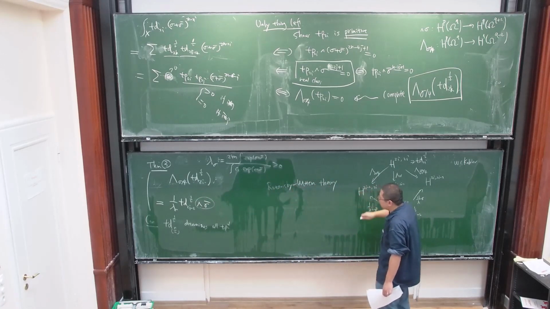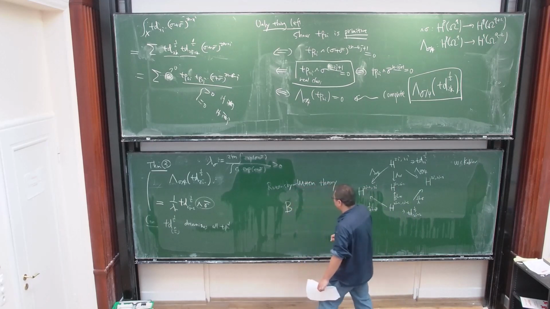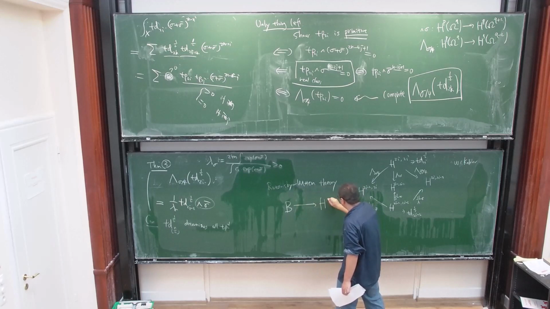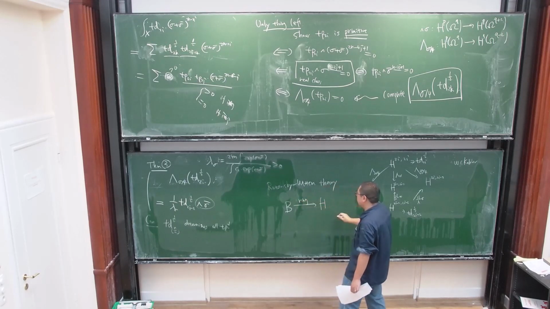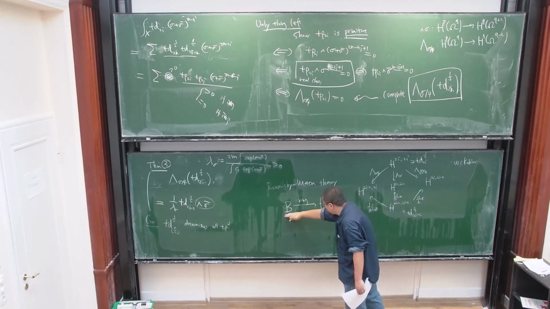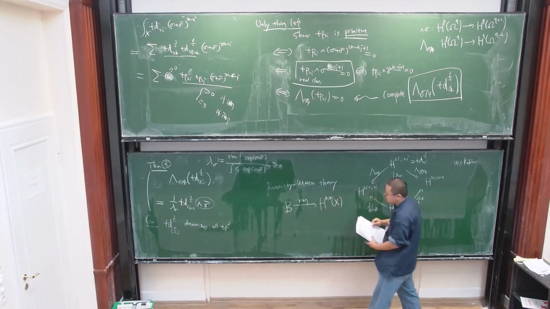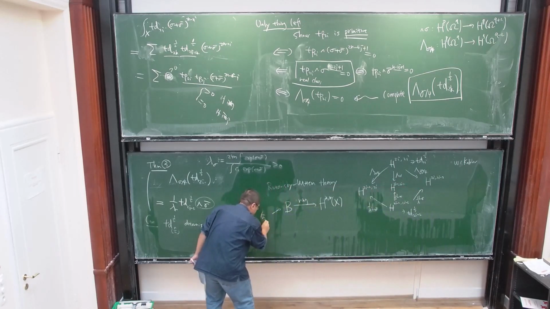And basically, the theory says that we have some ring. This is an algebra homomorphism from a space B to the cohomology ring of X, and this comes from knot theory.